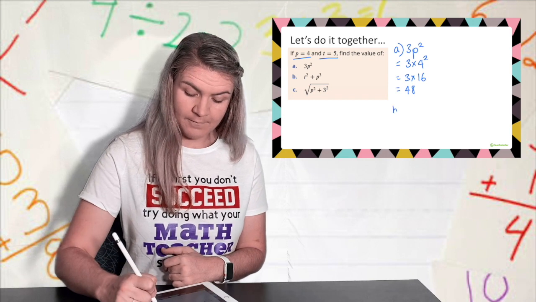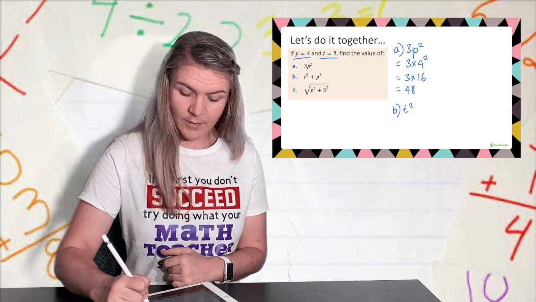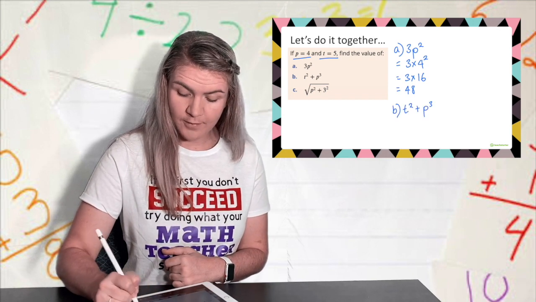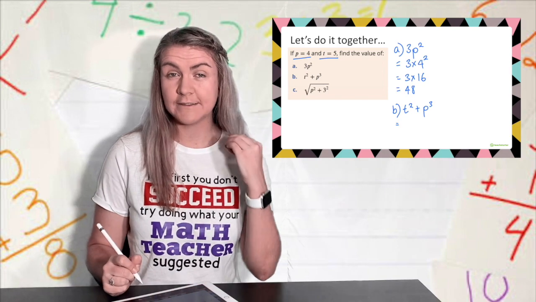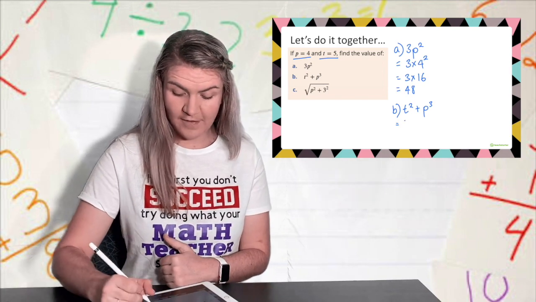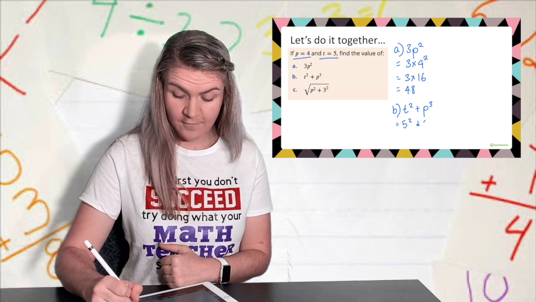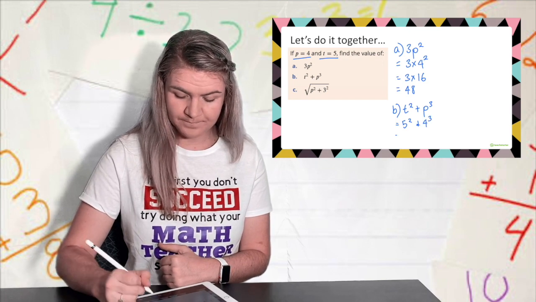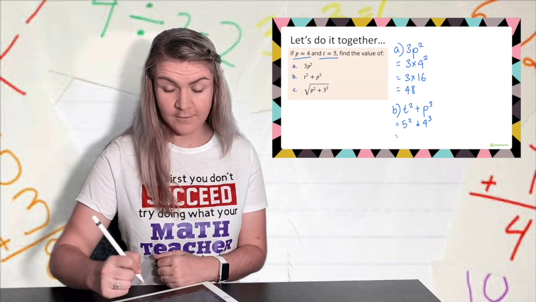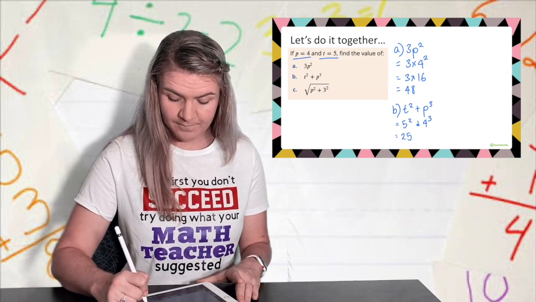All right, b, t squared plus p cubed. So again, we're just replacing the letter with the number, which t is 5, so that's 5 squared, and p is 4, so that's 4 cubed. Now 5 squared, 5 times 5 is 25.